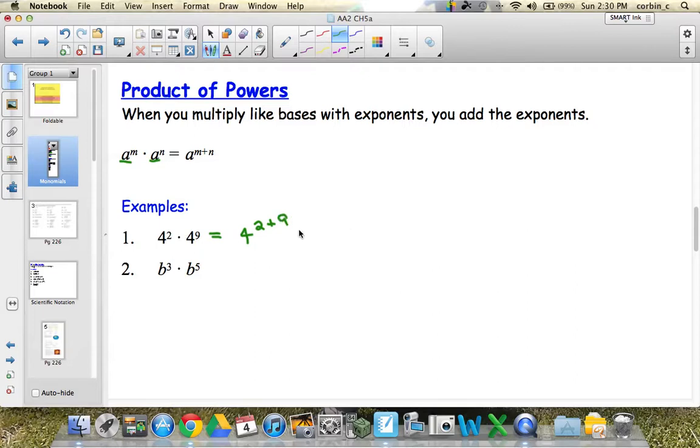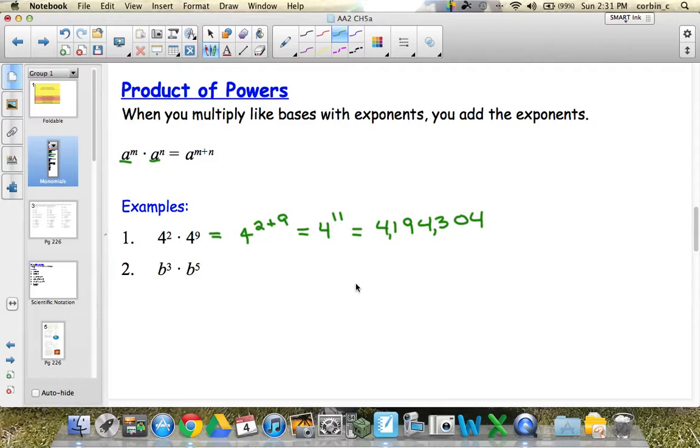And when I rewrite this, I can make it 4 to the 11th. But since this is a number, it can be simplified even farther, and it will become 4194304. So that would be the answer that I would want you to write down.